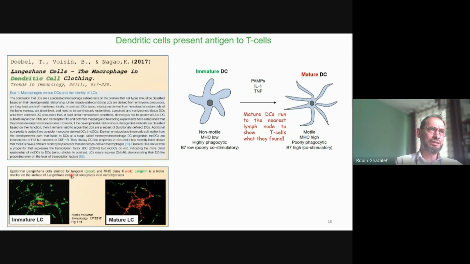There's another aspect as well, and this aspect is that even the identity of this cell is subject to discussion. So previously the Langerhans cell was called a dendritic cell, but now there's a trend in research to consider this Langerhans cell as a macrophage instead of a dendritic cell. The paper, if someone wants to go deeper, is called the macrophage and dendritic cell clothing.